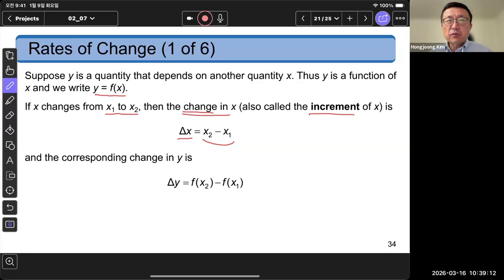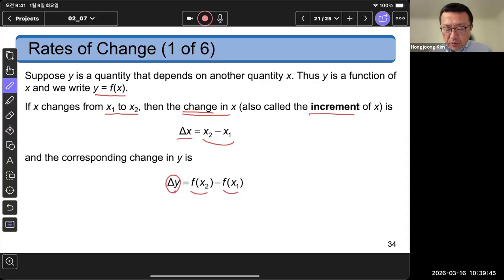So when x changes from x1 to x2, then when x is x1, the function value will be f of x1. When x is x2, the function value will be f of x2. So when x changes from x1 to x2, then the corresponding change in y will be f of x2 minus f of x1. So that is denoted by usually delta y.